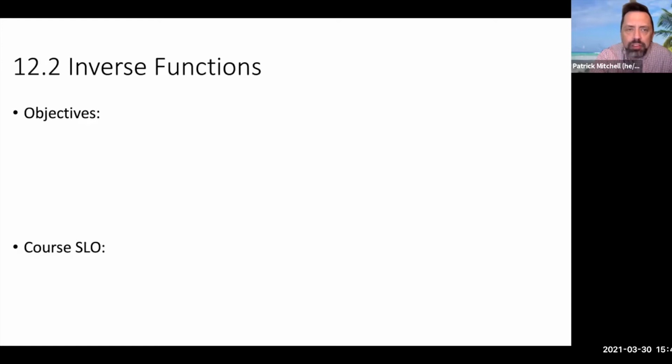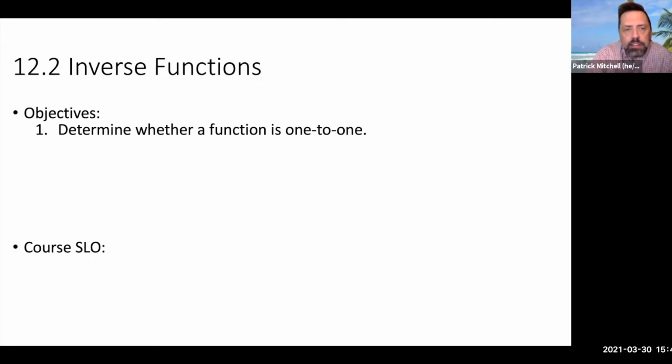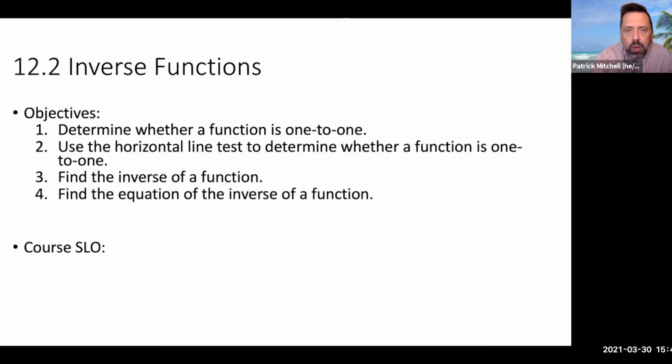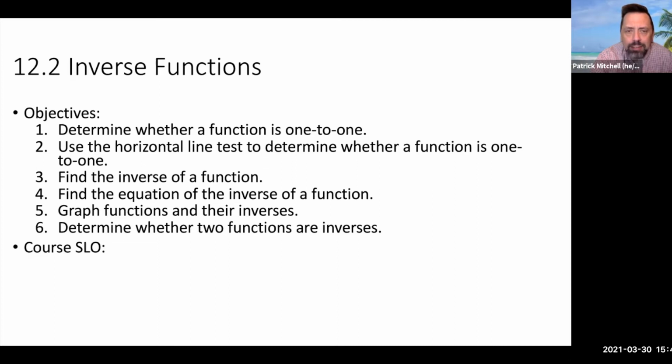We're continuing with Chapter 12 today and looking at Section 12.2 on inverse functions. The objectives in this section are to determine whether a function is one-to-one, use the horizontal line test to determine whether a function is one-to-one, find the inverse of a function, find the equation of the inverse of a function, graph functions and their inverses, and determine whether two functions are inverses.